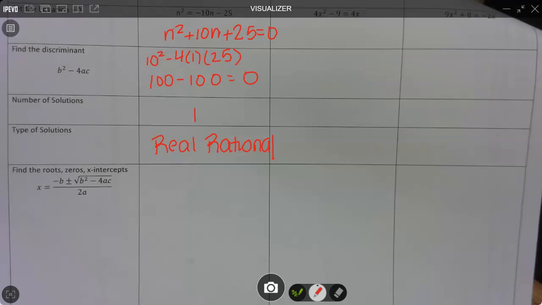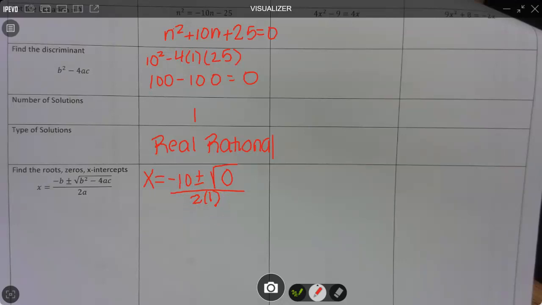Then I want to plug into the quadratic formula. Quadratic formula is always x equals, you must show the x equals negative b. So the opposite of b is negative 10, plus or minus the square root of the discriminant all over 2a.